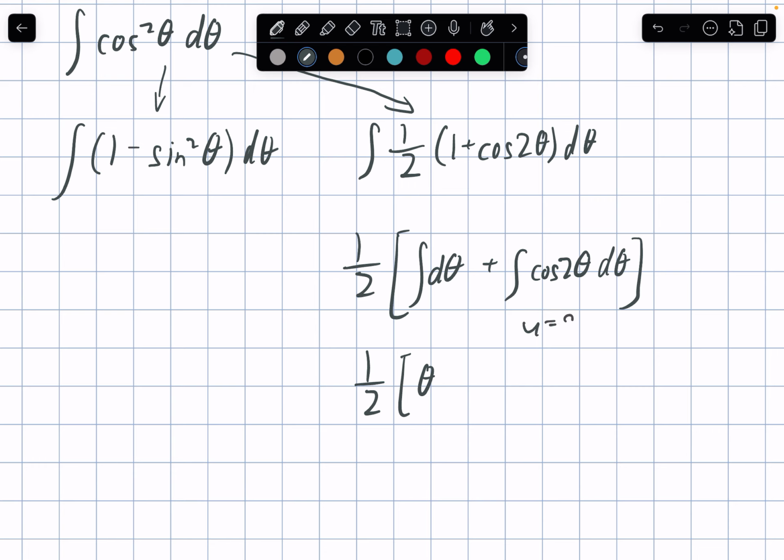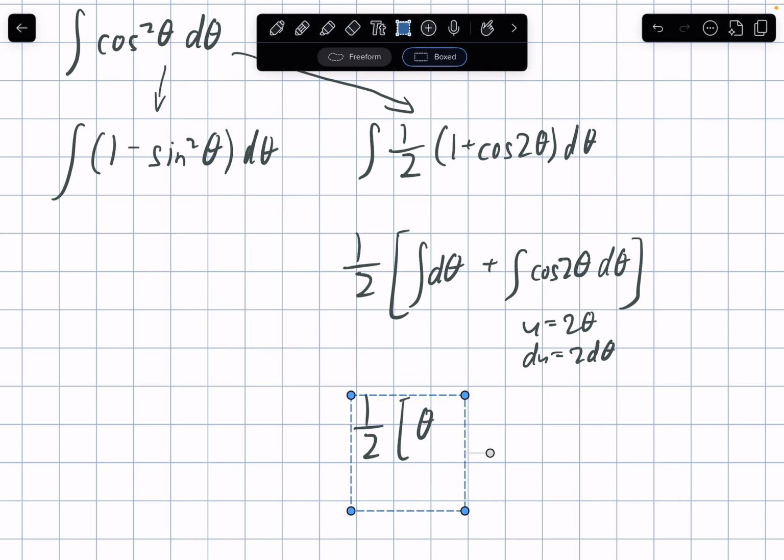Let's try u. du is 2 d theta. Yeah, basically the integral of cosine 2 theta, or basically cosine theta, is equal to sine theta.